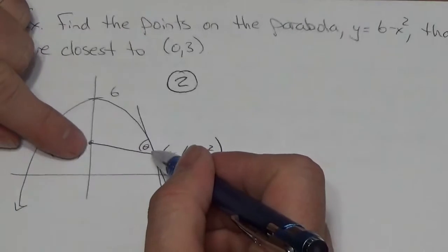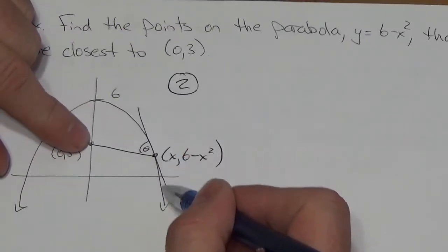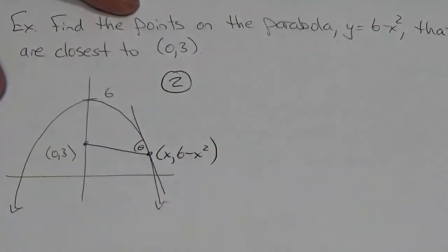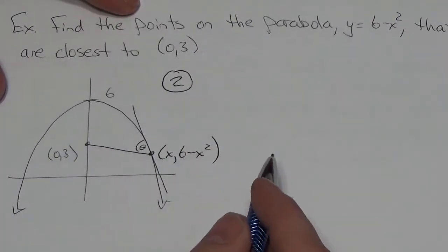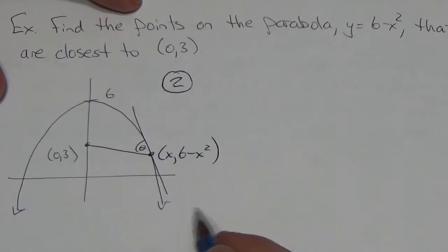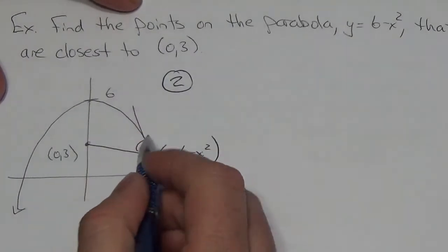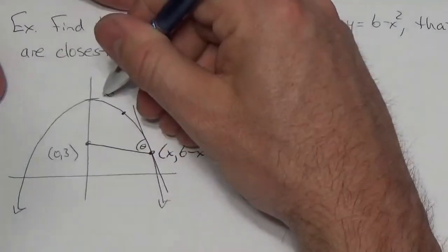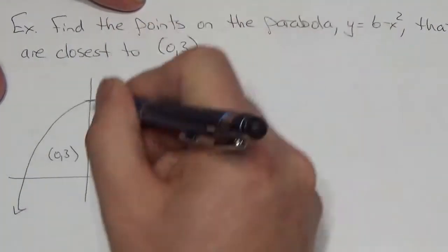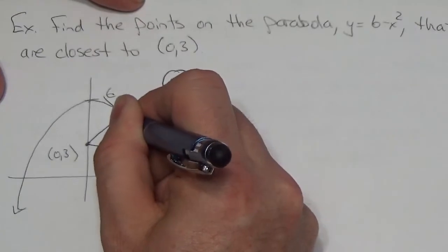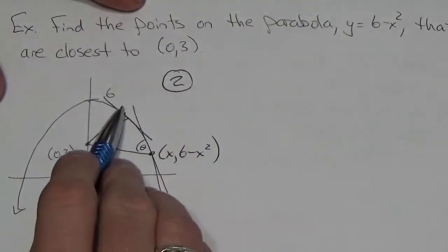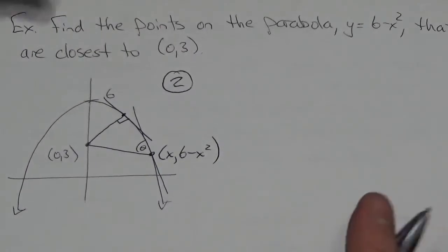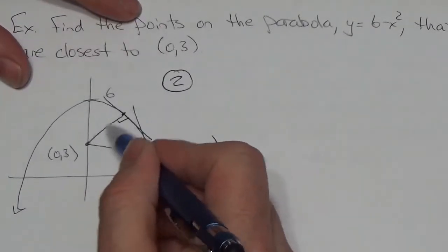As you slide that point down along the parabola, out along the infinite length of this parabola, that angle is going to get smaller and smaller and smaller. As you move it back up, it's going to get larger and larger until you hit a point somewhere here where that tangent line is going to be perpendicular to that line segment connecting it. That's the instant that we're interested in, because that is going to be the minimum distance along here.